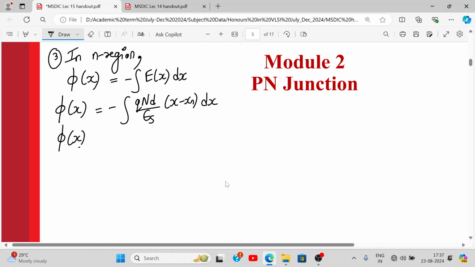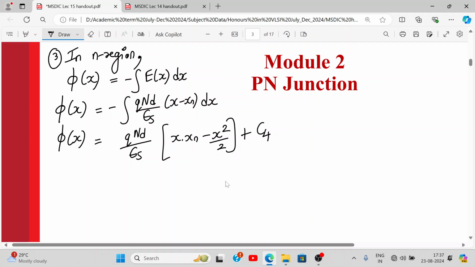This is a mechanical step now. So minus qNd upon epsilon s will come out. Inside you will get xn into x. If I remove this minus sign, this will be reversed now. This will be x into xn minus x square by 2 plus c4. Why I'm using c4? Because c1, c2 I've already used, c3 I've already used.